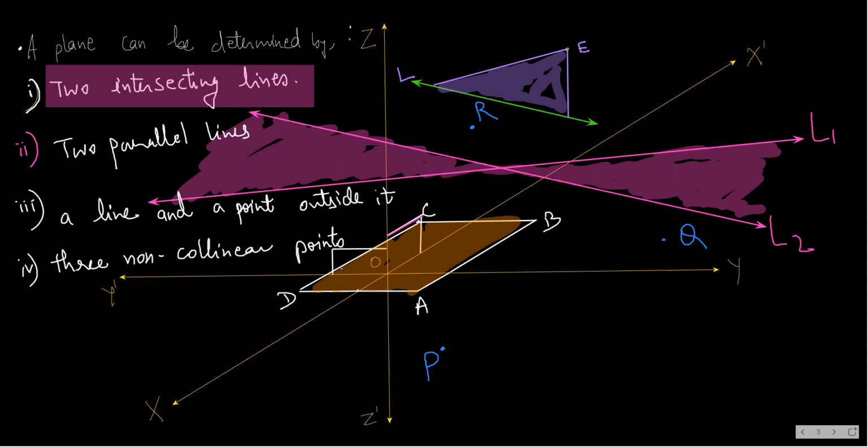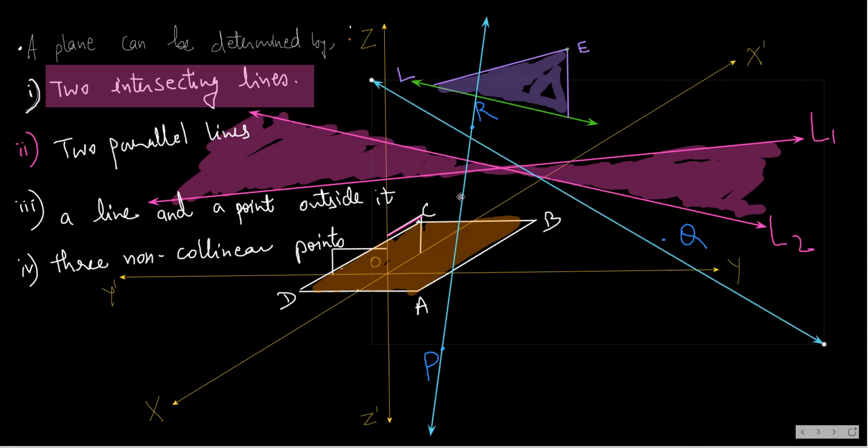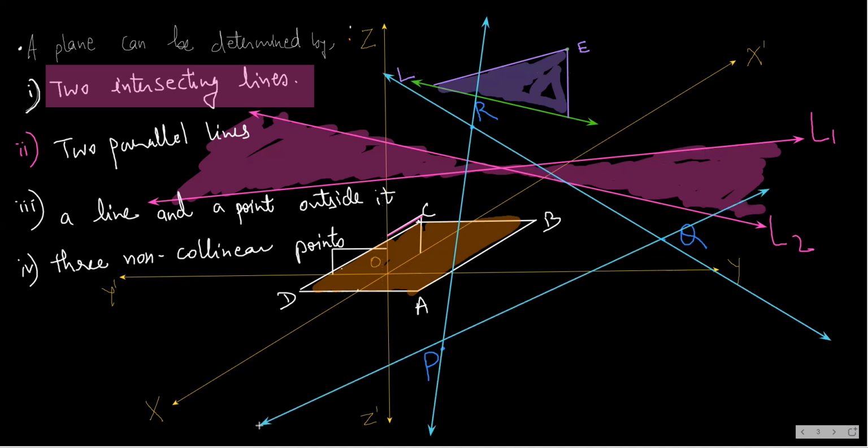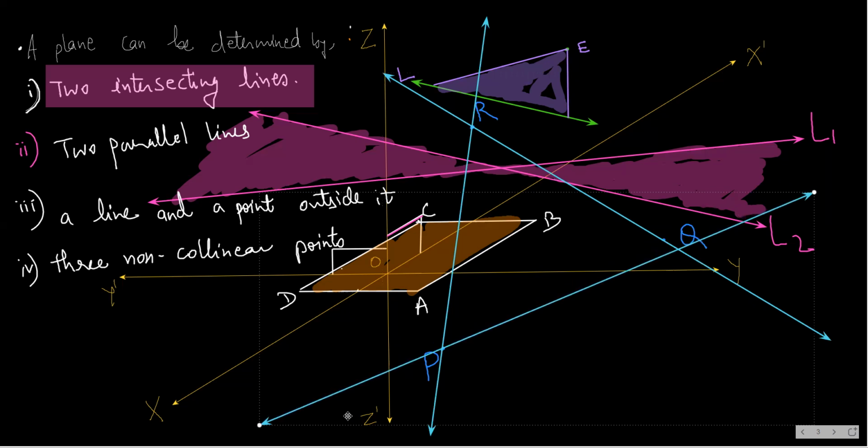How? I'll show it to you. Join P with Q. Join Q with R, and join P with R.